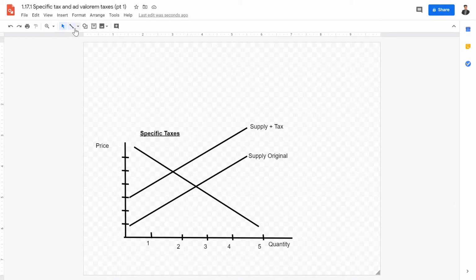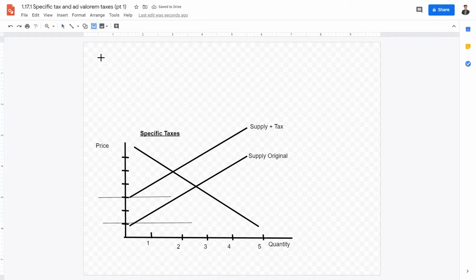So looking at the price level, right here is the supply original. When supply is at the supply original curve, the price is 1. However, with the tax, the supply has risen to 3.